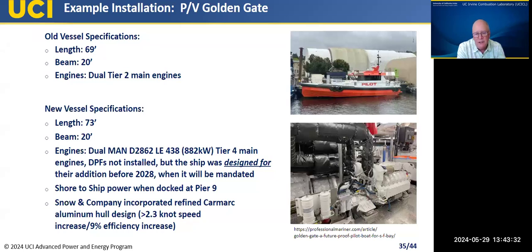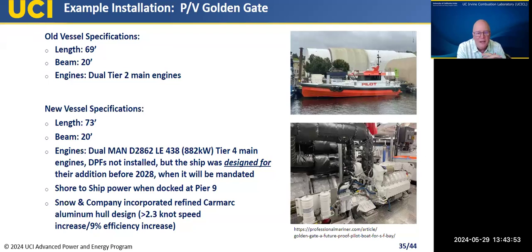And it's interesting in that the design of this vessel took into account the fact that DPFs would be needed. So the engine compartment, everything was designed to accommodate the DPF. It hasn't been put in yet, but is ready to go. So this is looking ahead.